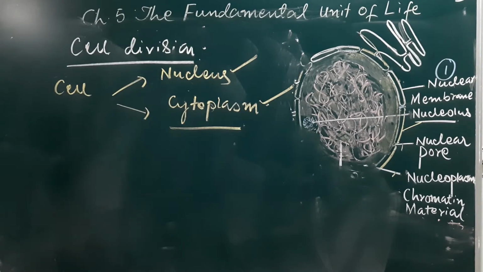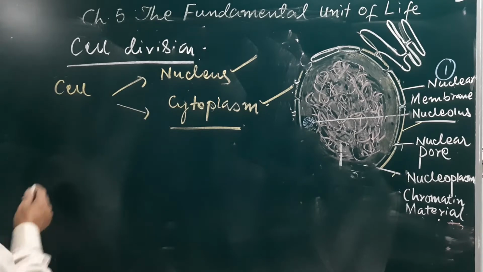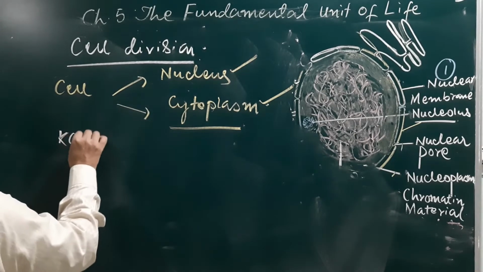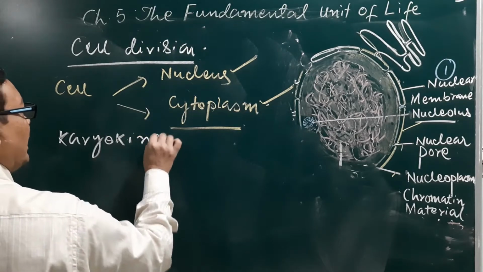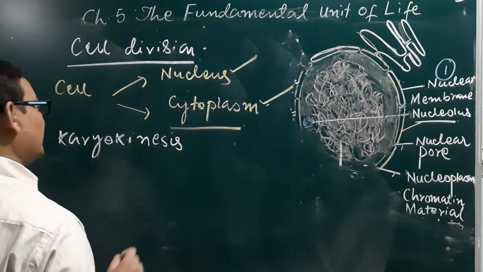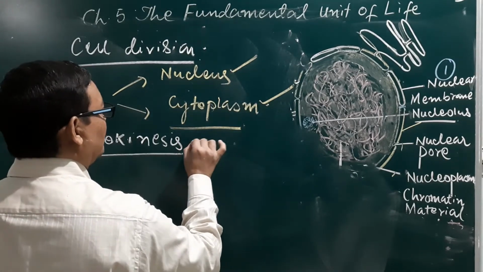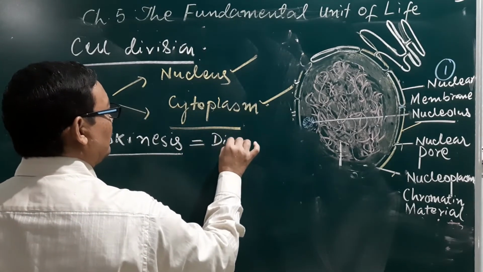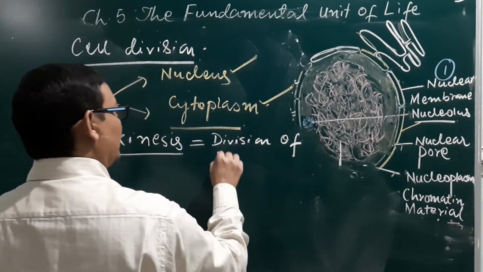When we talk about the division of the nucleus, that means karyokinesis. Karyokinesis is the phase for the division of the nucleus. This is the phase of division of nucleus.